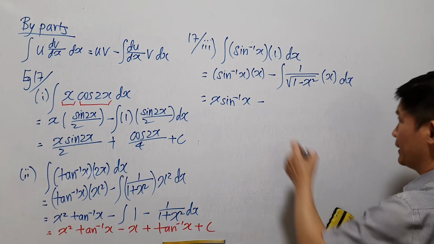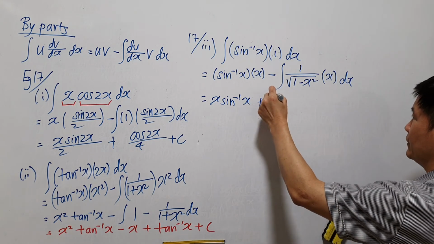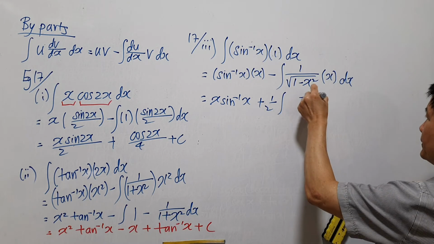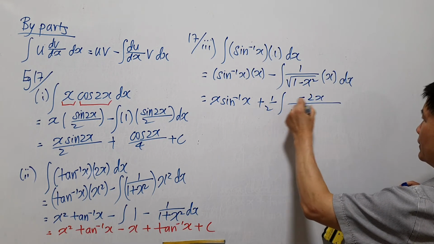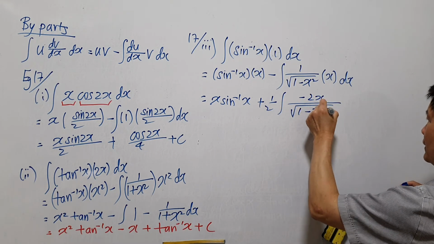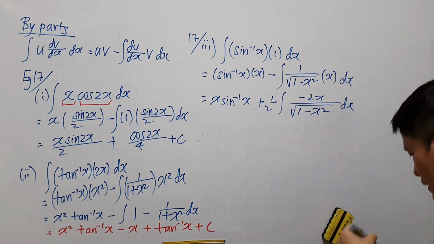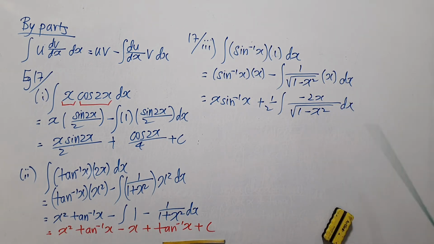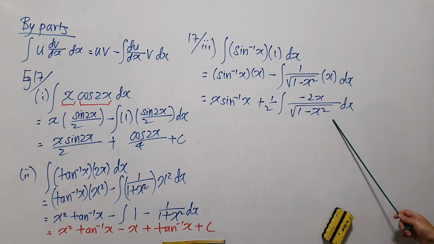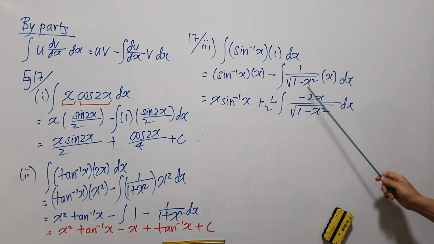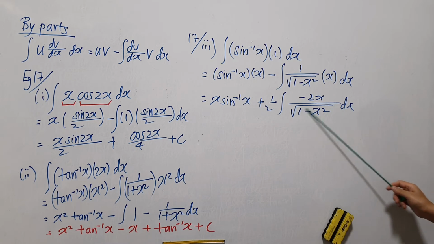to integrate this one, I'm going to rewrite this thing like that. What am I doing here? I'm trying to rewrite it in this manner. Writing this manner allows me to use the formula that I told you from page 2, remember? On page 2 of the notes, I asked you to write down some formula. This is actually the third formula, f prime divided by the square root of f x.